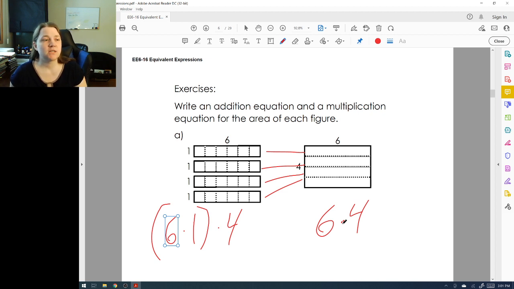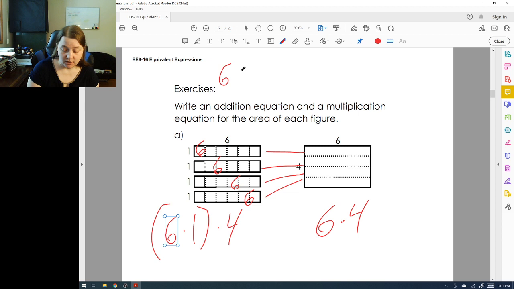Now, you might have noticed they were looking for an addition equation and a multiplication equation for the area of each figure. We wrote out the multiplication equations. What you could do is for letter A, for the first one, you would see 6, 6, 6, and 6, each one of those areas. So we could call that 6 plus 6 plus 6 plus 6.